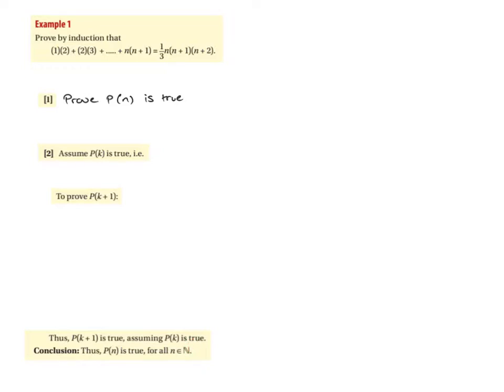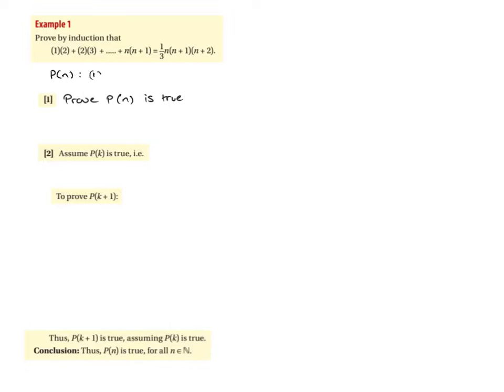Okay, so the first thing we do is as follows. Read the question. It says prove by induction that 1 times 2 plus 2 times 3 plus, and you can see the pattern happening here, it's one number multiplied by a number which is 1 greater, is equal to a third n plus 1 by n plus 2. Now the first thing we do is we rewrite what we've got in the question, and we just write P(n), put a colon, and rewrite exactly what we've just got.